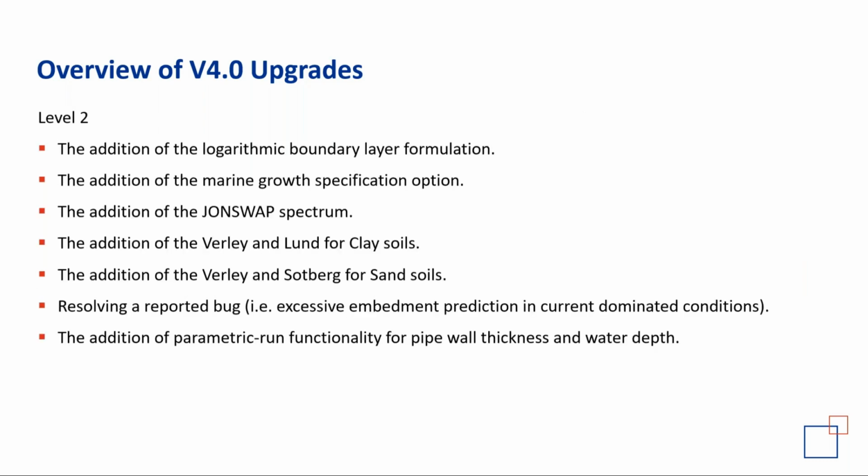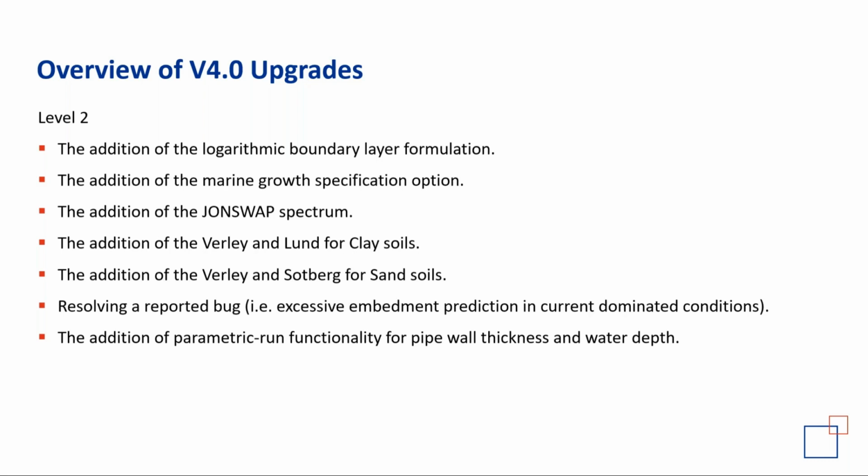At the level 2, again, logarithmic boundary layer formulation, marine growth specification, John Swap, and there was 2 new models, soil models, the popular soil models, which are still based on the original soil models that were in the software, Valley and Lawn for clay, and Valley and Softberg for the sand.